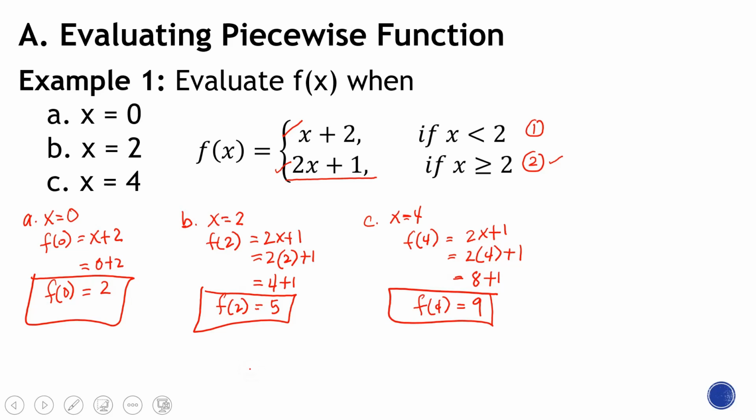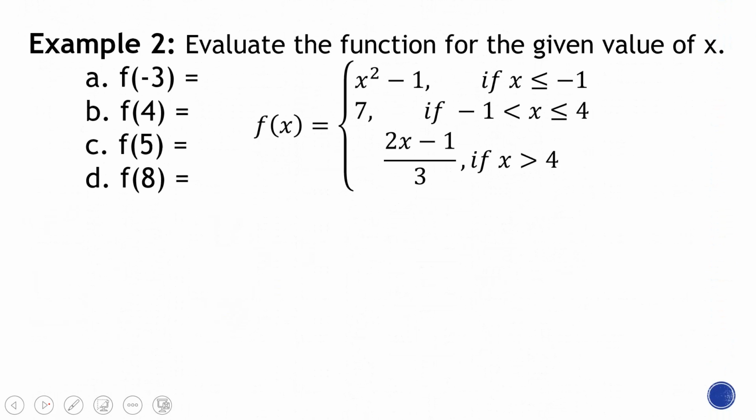Okay, now let's go to the next example. Here, we need to evaluate again the function. Letter A, we need to evaluate f of negative 3. Is negative 3 part of the first, second, or third domain?